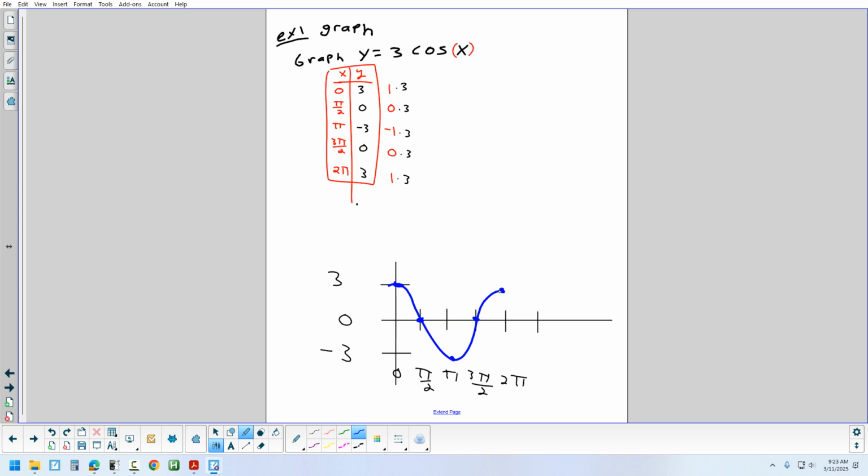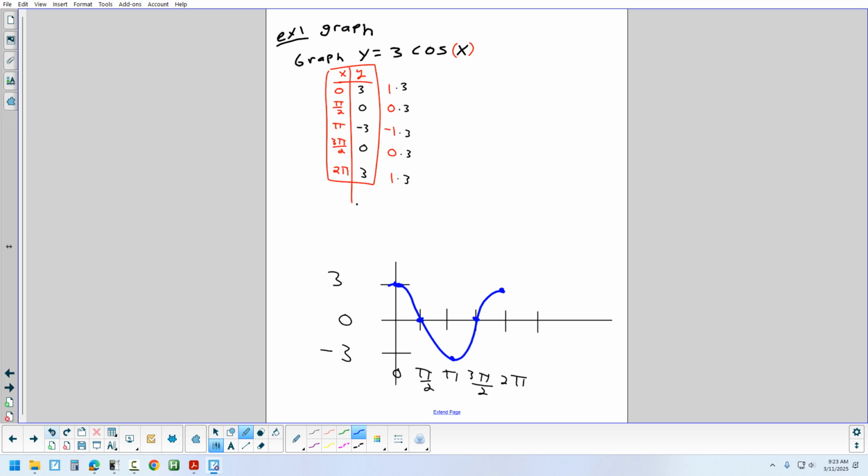So now if you gave me a problem and it said to do 7 cosine x, I would draw exactly the same thing. I would just go like this. 7, negative 7. There's 7 cosine x. That way I don't have to draw it 7 times as big. All right.